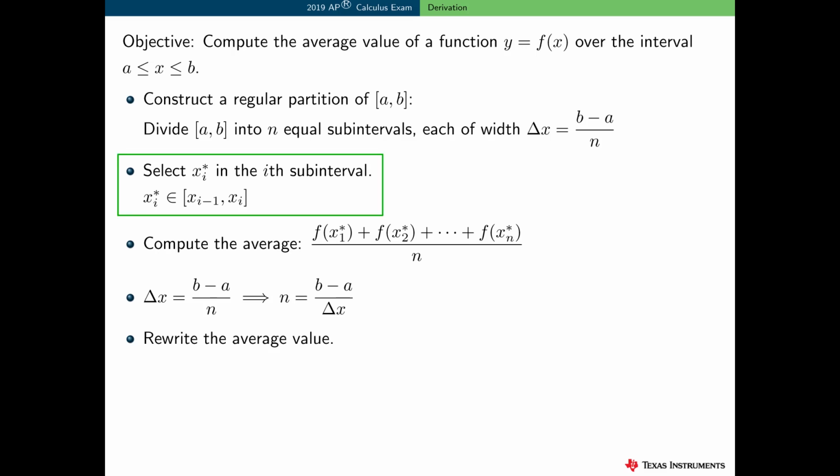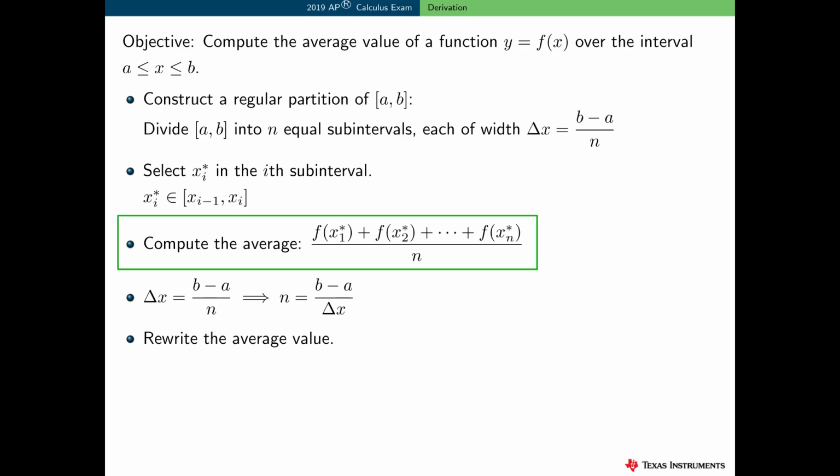Then select the value x sub i star in each subinterval. Next, find the average of the numbers f of x sub 1 star, f of x sub 2 star, all the way down the line to f of x sub n star. So, for example, if f represented the volume of the reservoir and n was equal to 48, then we'd take the volume reading every half hour and find the average of those values.